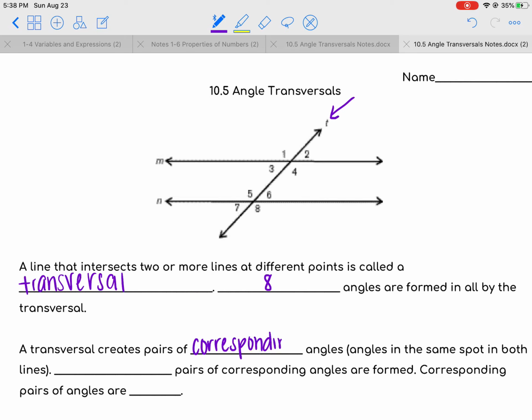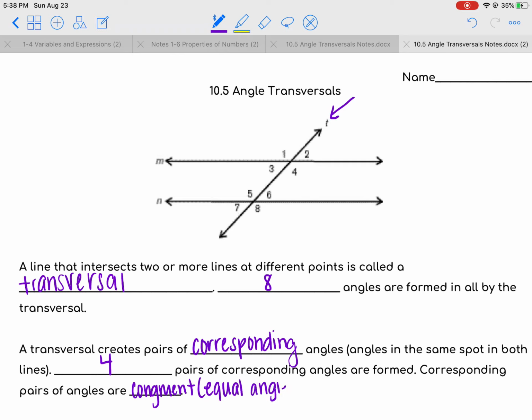Corresponding means, in math, angles that are congruent because they are in the same spot in both lines. So you end up having 4 pairs of corresponding angles that are formed. Corresponding angles are congruent, which you may or may not know means equal.